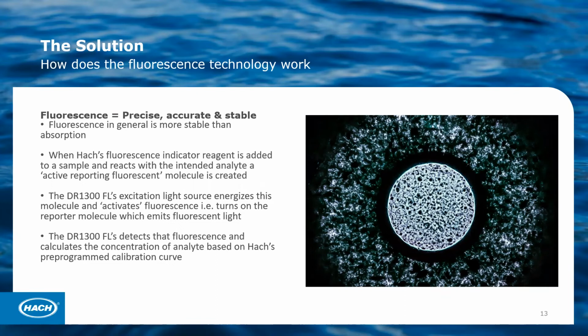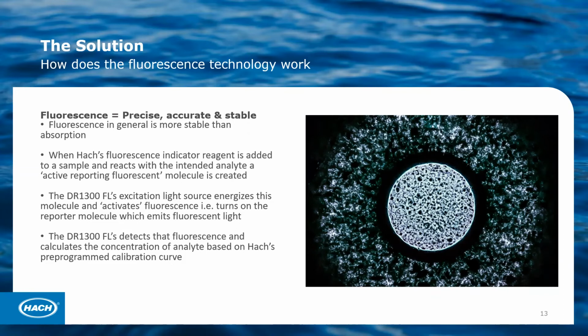Now, a fluorometer is really nothing all that complicated. It's very similar to a colorimeter in that we have a light source that emits a specific wavelength of light, and then we detect on the other end of our sample. In this case, the DR1300 FL's LED activates that active reporting molecule, and that molecule then emits fluorescence.